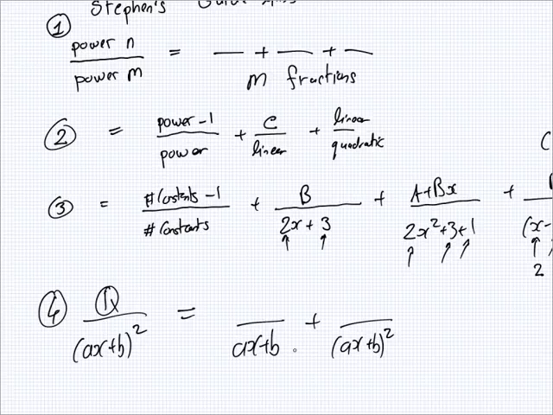And I think also if it was a cubed, you would continue the idea up to power 3. So we have some basic guidelines. Let's do an example now with a cubic in it.